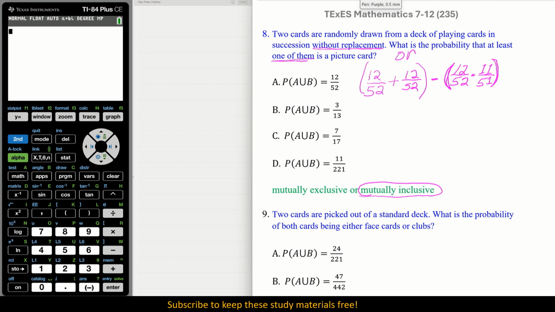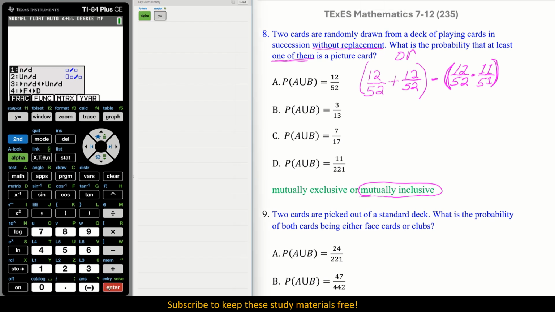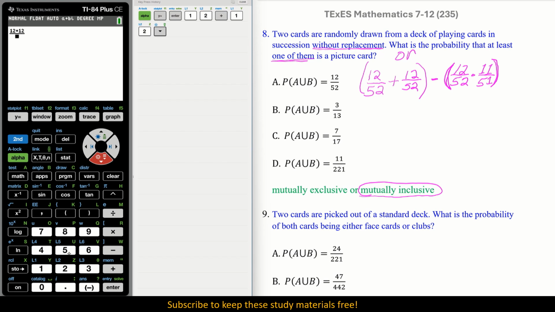Okay? So actually, I'm not going to use parentheses on the first one because we have a common denominator situation. So alpha y equals and enter. So that is 12 plus 12 over the 52. Arrow over, subtract. Now we need to multiply our repetition, okay?